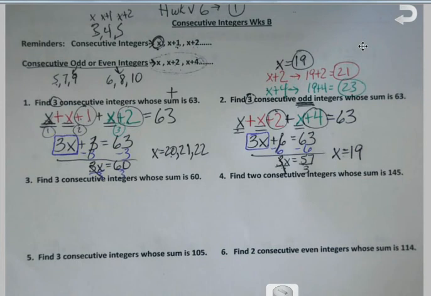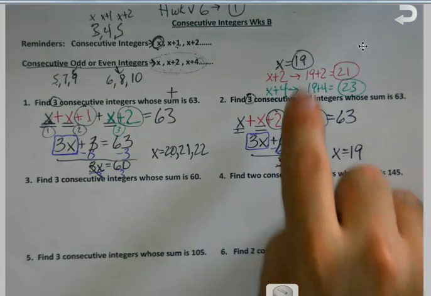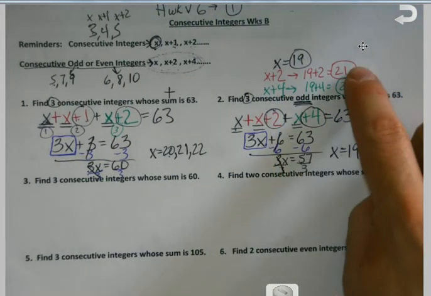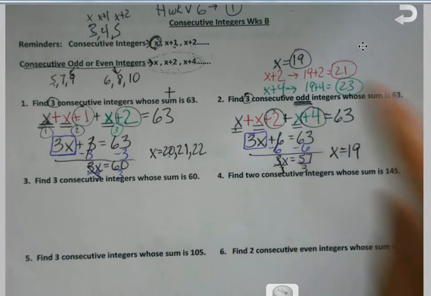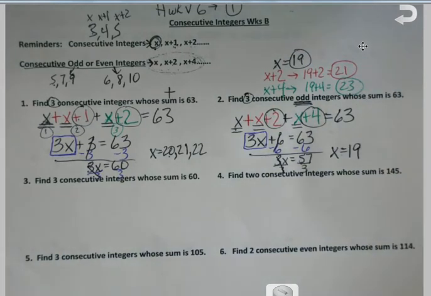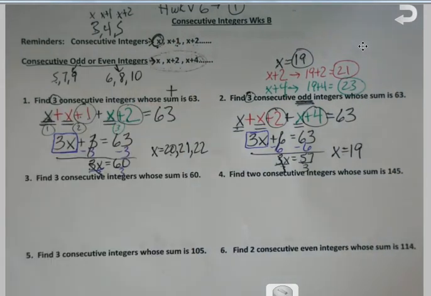And those are my three numbers, because if I add those up, 19 plus 21 is 40, plus 23 is 63. It's just getting used to the pattern that's involved with this and thinking about it like I would if I were just plugging numbers in, like some of you had said is a possibility with these.